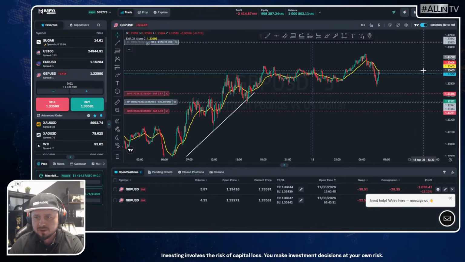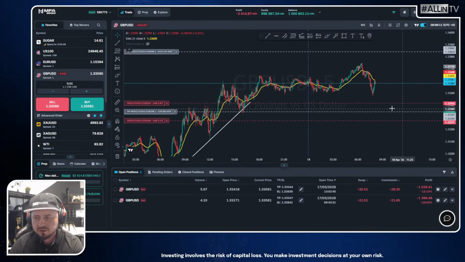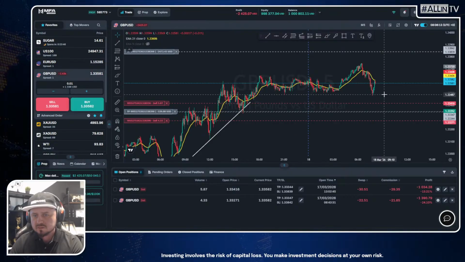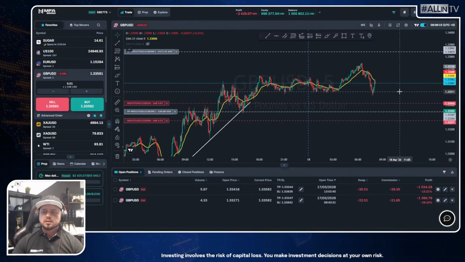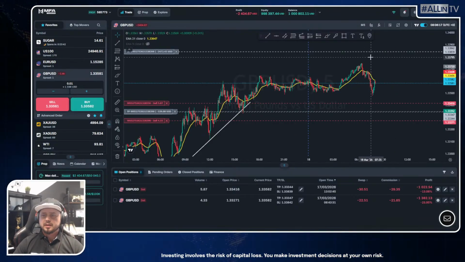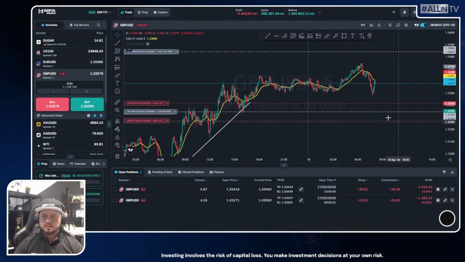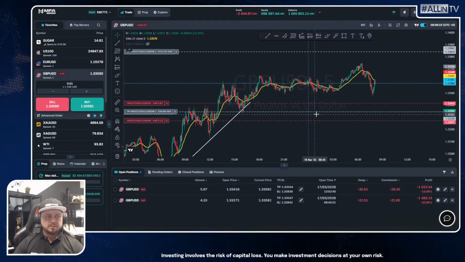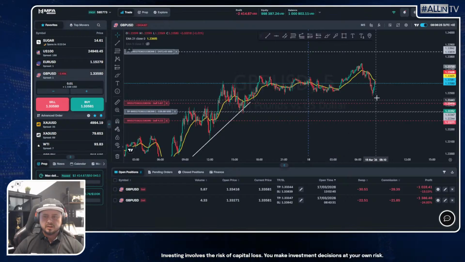I've set break even, so I'm not willing to get any profit from this. I just want to get out of this position because we went close to the stop loss. The price should go down. We will see what we can do right here.